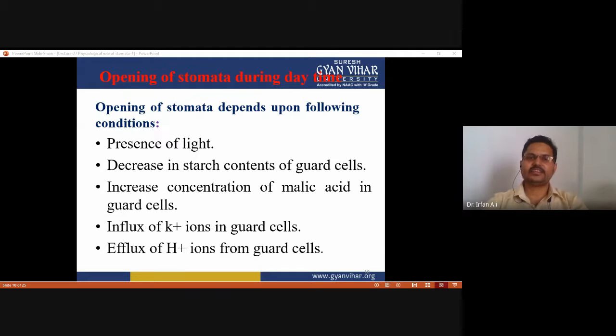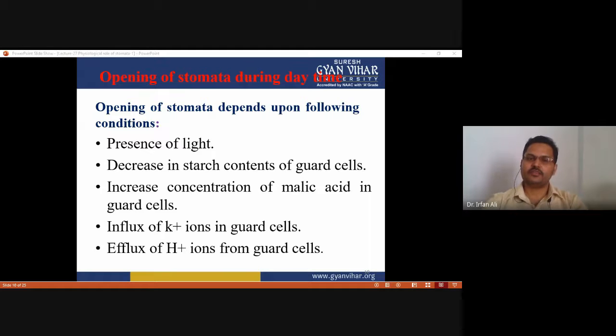And third is increased concentration of malic acid in the guard cell. When we discuss the process of photosynthesis in the coming lectures, we will see that one of the metabolites synthesized during photosynthesis is malic acid. So when the concentration of malic acid increases in the guard cell, it favors the opening of stomata.